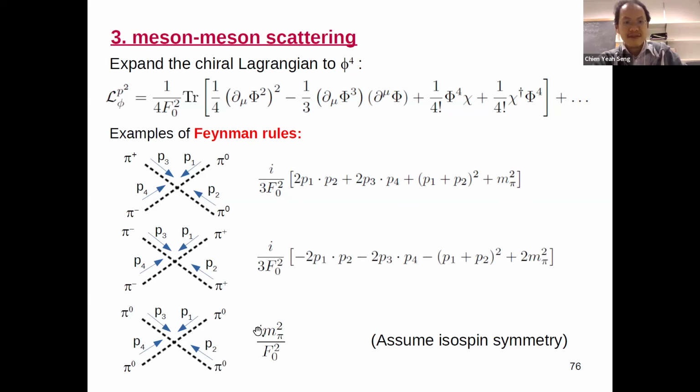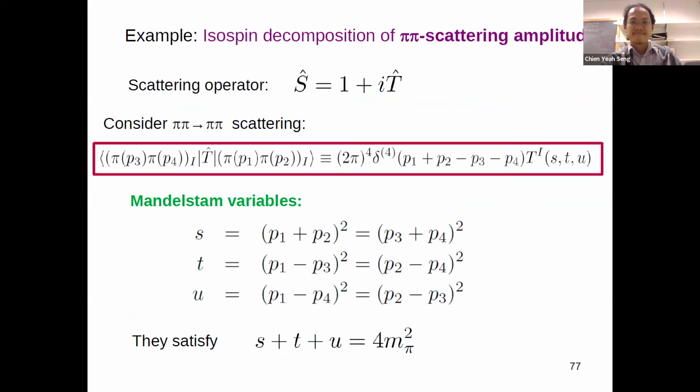Now, using these Feynman rules, we can study, for instance, the scattering length of the pi scattering. We can parameterize the scattering amplitude into the so-called isospin scattering amplitude, because the S matrix can be expressed as 1 plus the T matrix, and if you assume isospin symmetry, then the isospin must be conserved during the scattering process.